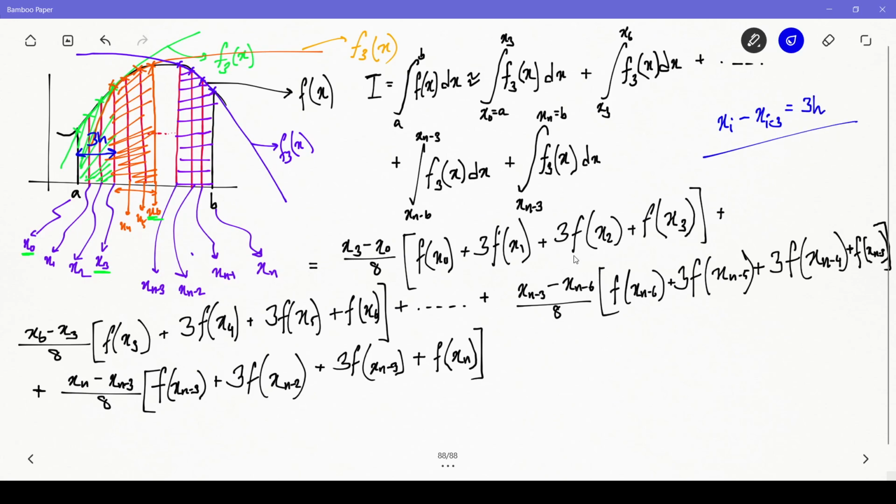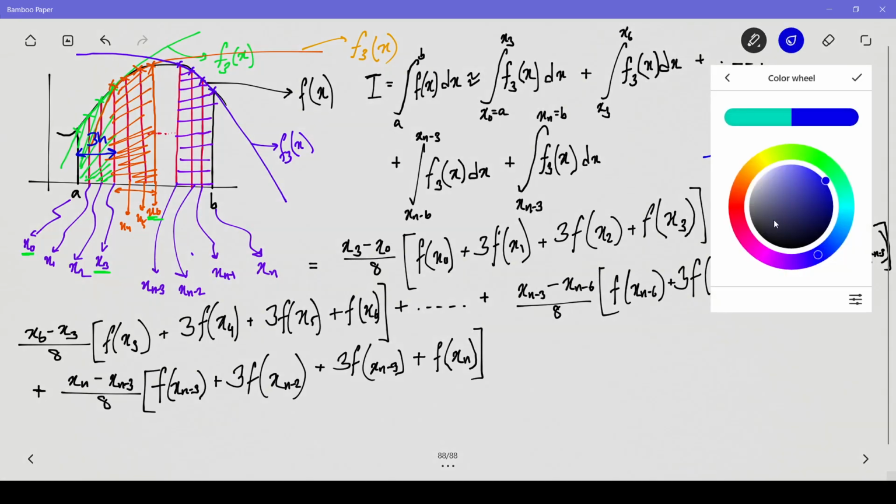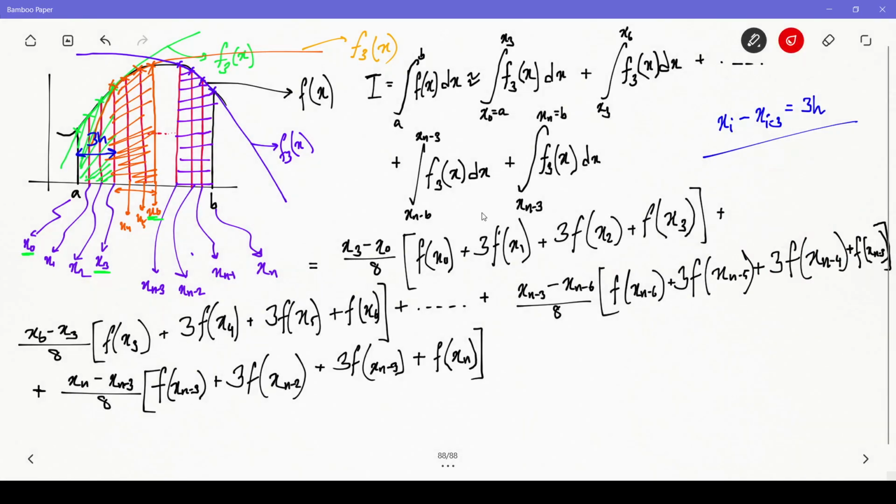So applying this, let's write this as 3h. Let's write this as 3h as well, and this as 3h as well. So we know that our n, the number of segments that we are deciding to use, is for sure a multiple of 3, right? It's divisible by 3.